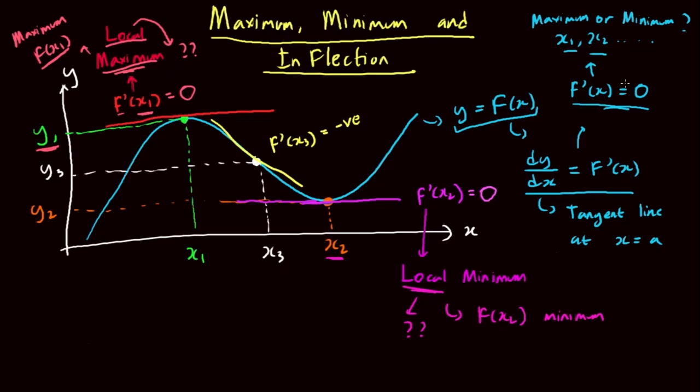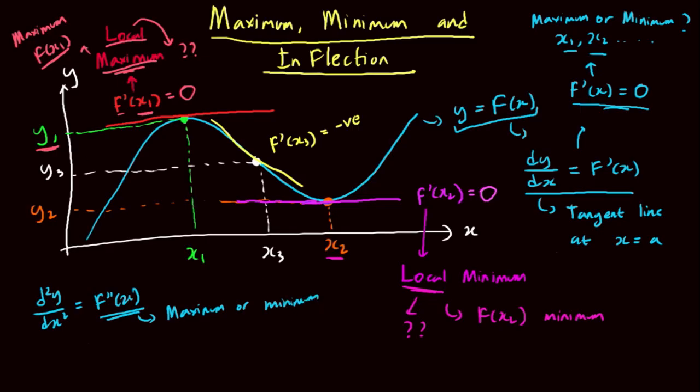So how would you figure that out? It's through the second derivative. If you find d squared y over dx squared, which is of course f double prime x, this will allow you to tell whether it is a maximum or minimum more clearly.